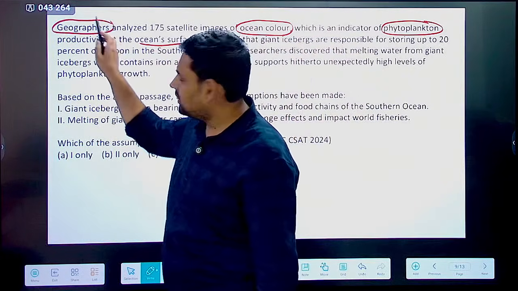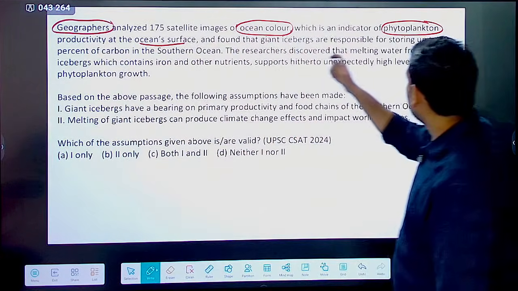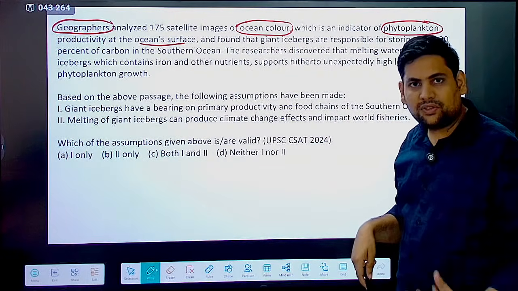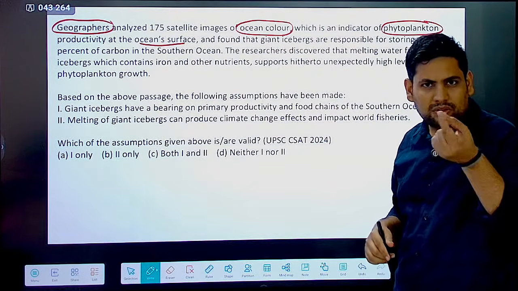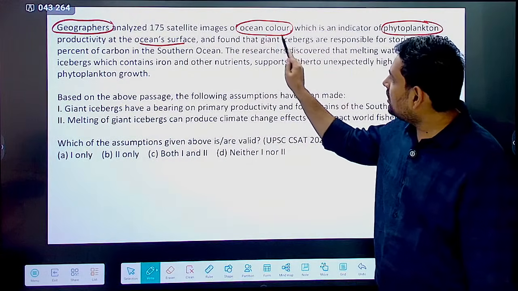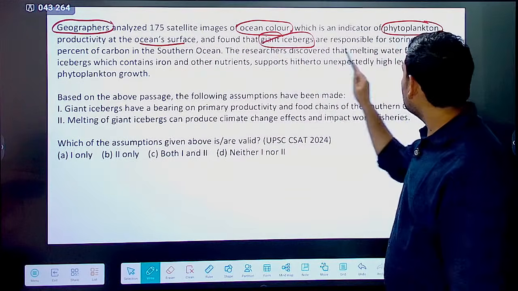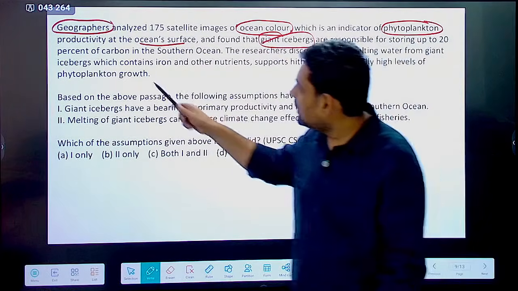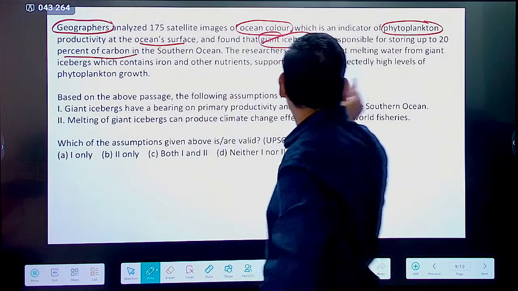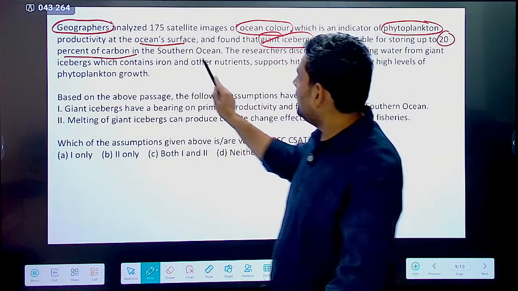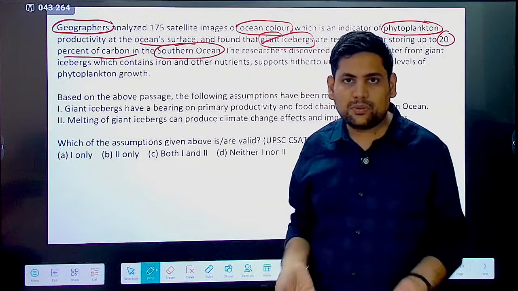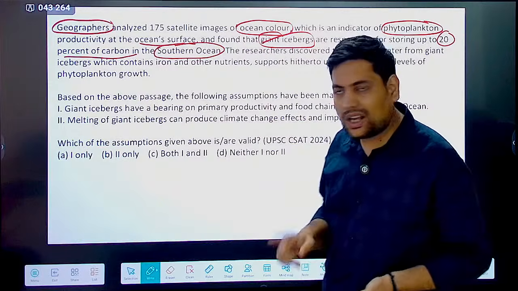Geographers analyzed ocean color to see how the phytoplankton, microscopic plants, grow, and found that giant icebergs are responsible for storing up to 20% of carbon in the southern ocean. Correct? So giant icebergs are storing 20% of the carbon in southern oceans.